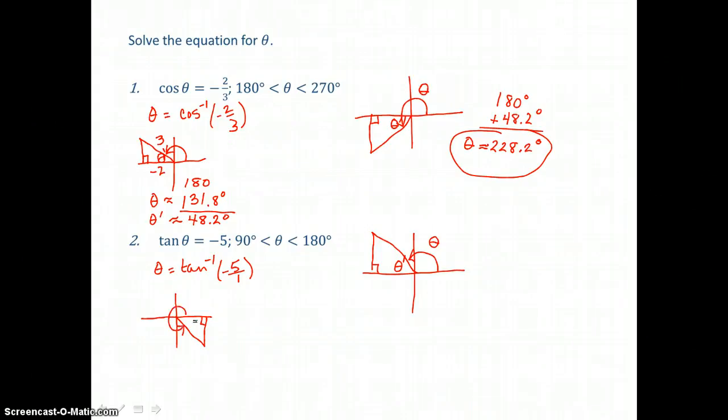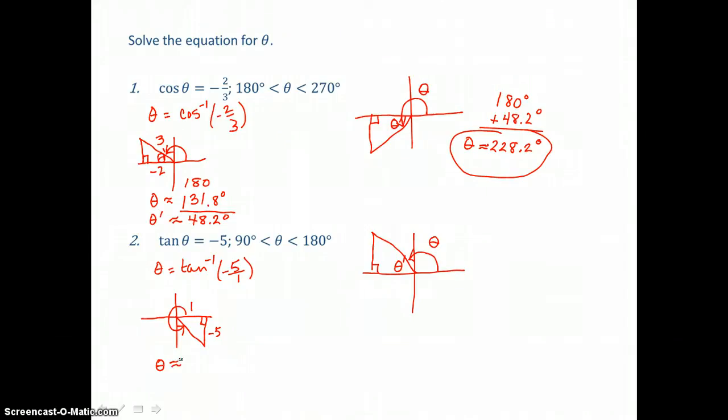And applying the definition of tangent, which is opposite over adjacent, I get -5/1, those labels, and I recognize it's not a special triangle. So again, we're going to use our calculator and we're going to approximate theta in the calculator.